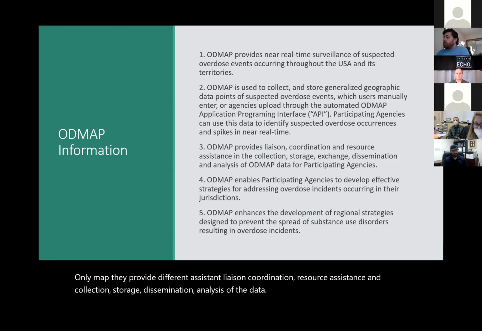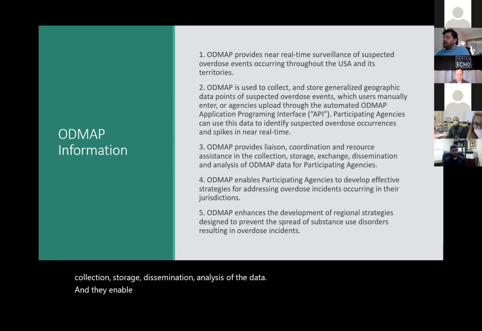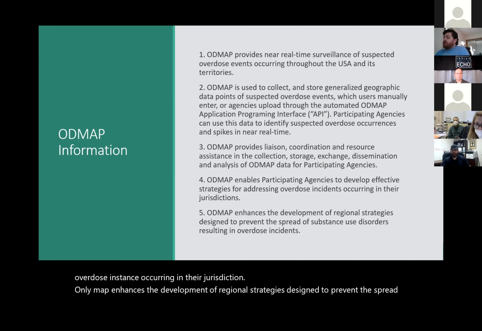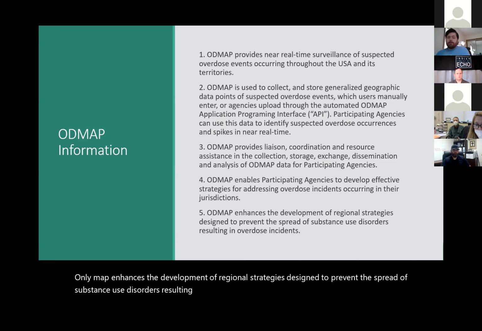They enable participating agencies to develop effective strategies for addressing overdose incidents occurring in their jurisdiction. ODMAP enhances the development of regional strategies designed to prevent the spread of substance use disorders resulting in overdose incidents.